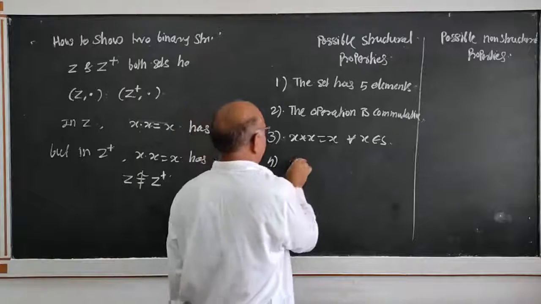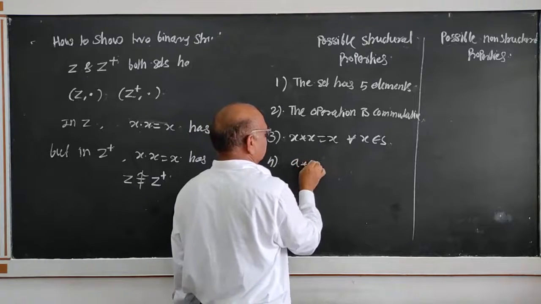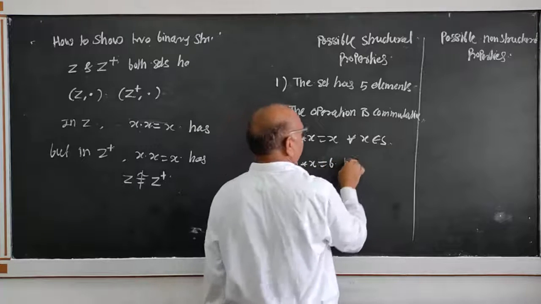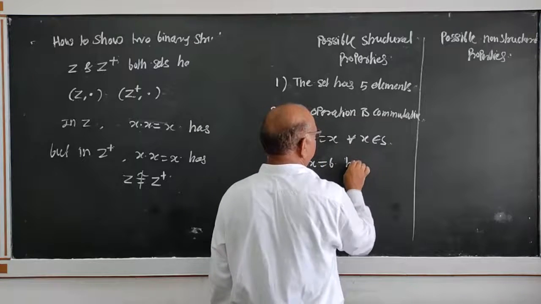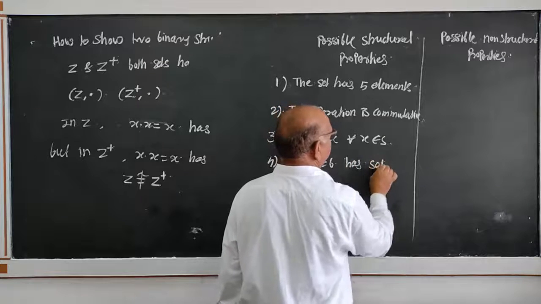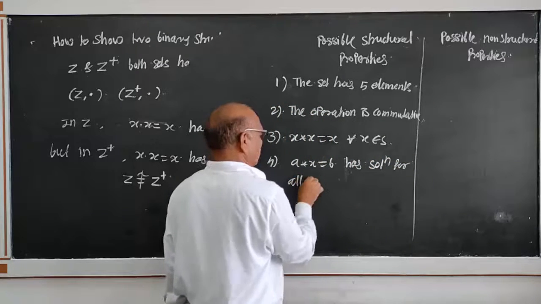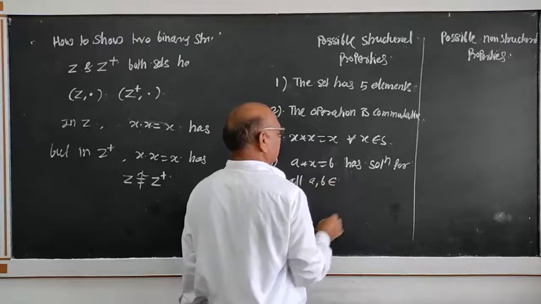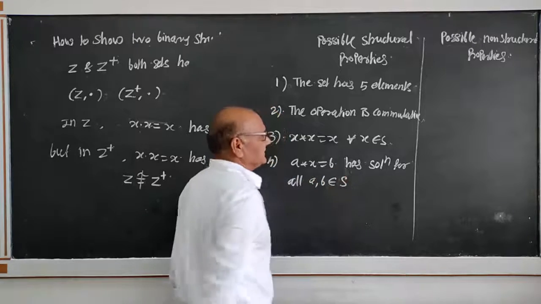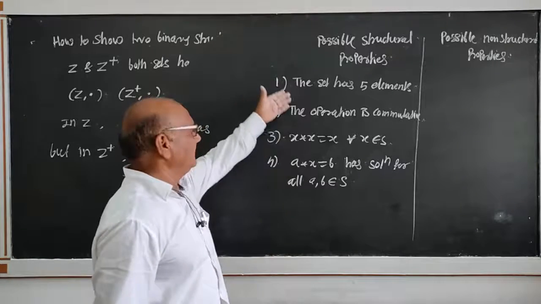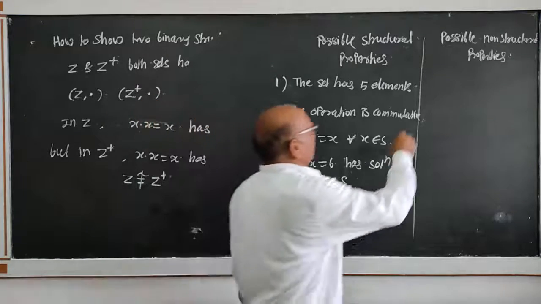Fourth, x star x is equal to b has a solution for all a, b belongs to S. Like this. These are structural properties. So many listings. These are structural properties.